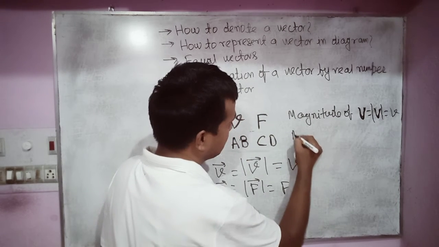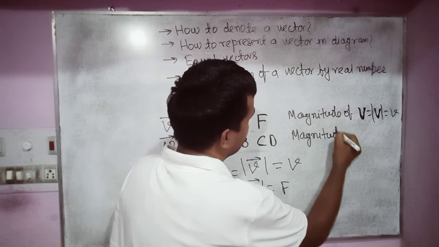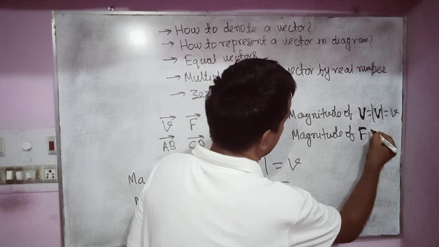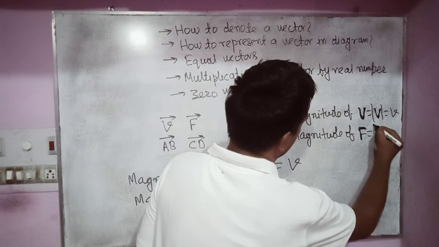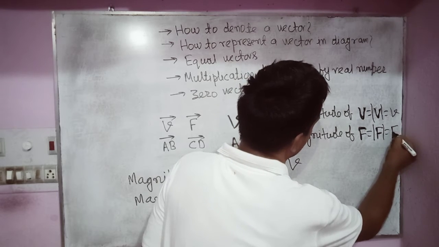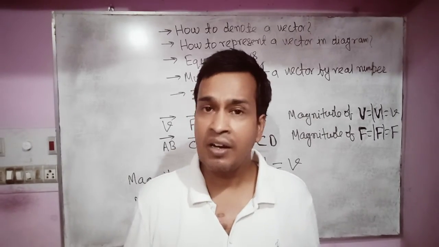Similarly, the magnitude of F is equal to F, or simply light face. So this is the method to denote a vector.